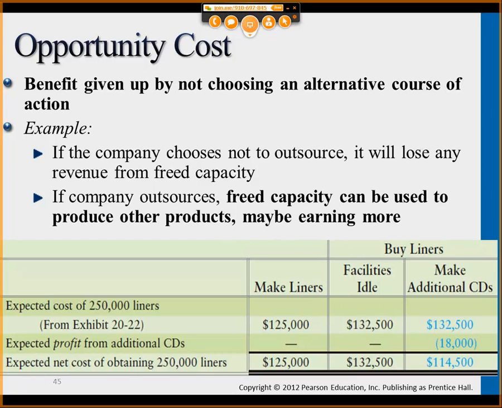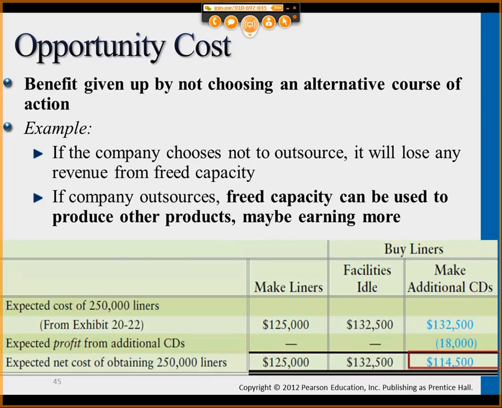So our net cost is going to be different between making liners and buying liners. Making liners, we're going to stay at 125,000. And if we are buying liners, we have two numbers. Why do they differ? Where do we have this 18,000? Where are we losing the 18,000? You're taking a loss on making additional CDs. It's already posted. Why do you think it's okay? Opportunity cost.